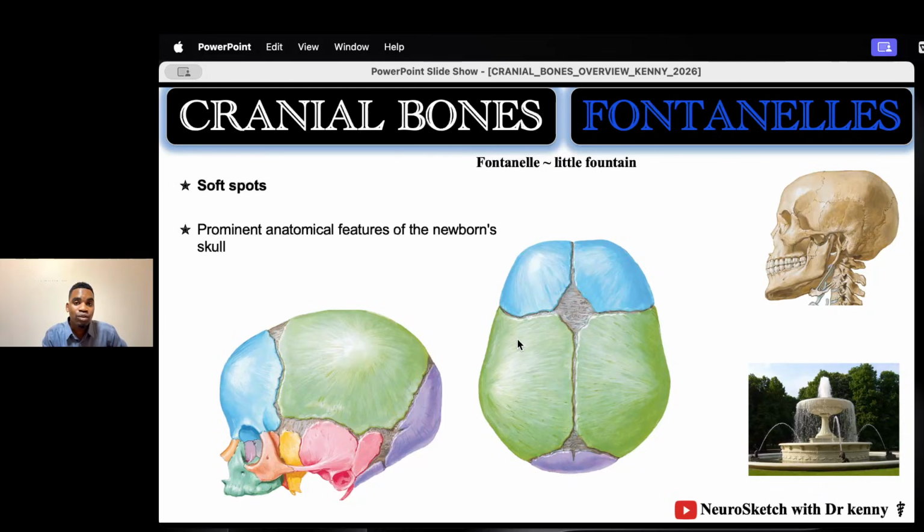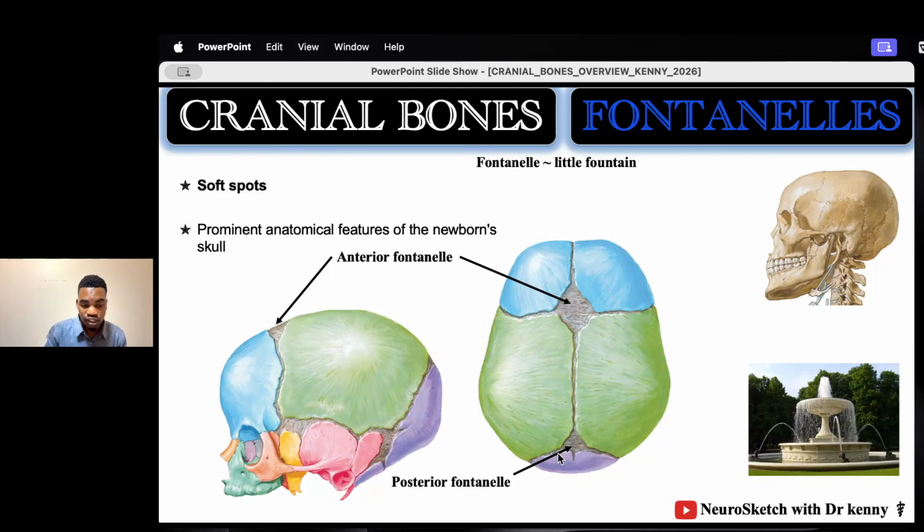So a baby's skull has a total of 6 fontanelles: 2 on this side and 2 on the other side, and then the superior ones, the anterior fontanelle and the posterior fontanelle, which are very unique. Forgetting about all the other fontanelles, we are going to discuss these two important ones, the anterior and the posterior fontanelle.